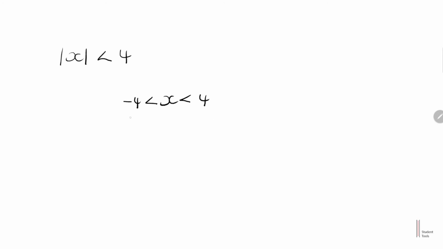So now let us write that set of integers which are between negative 4 and positive 4. So we're starting from negative 3, negative 2, negative 1, 0, 1, 2, 3. We're not getting to 4 because it is less than 4. So that is our set.